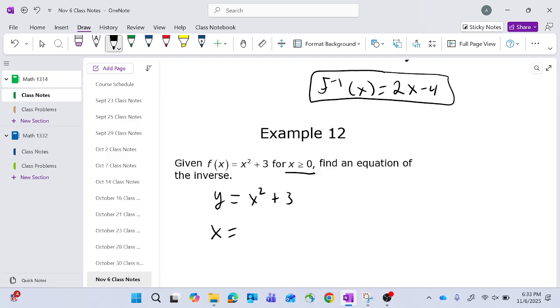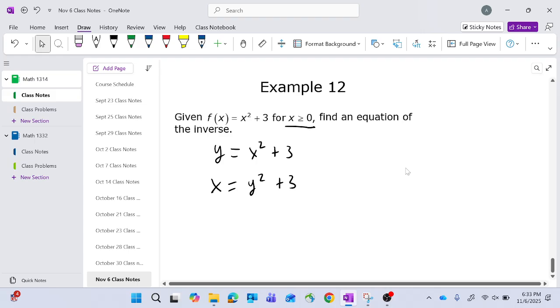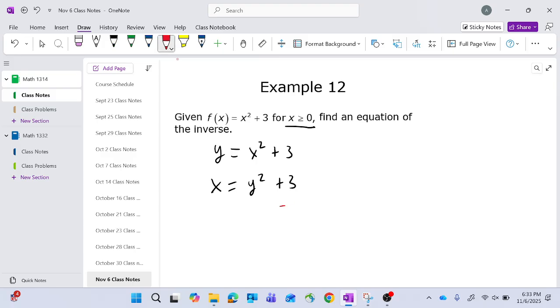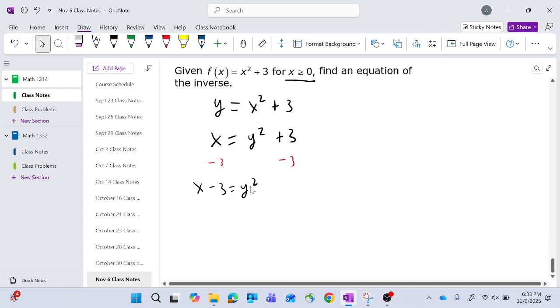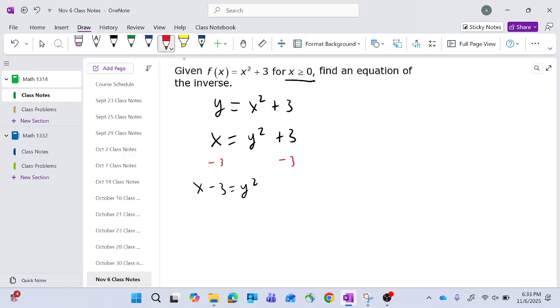So x equals y squared plus 3. And now I'm going to solve for y. So subtract the 3 over. X minus 3 equals y squared. And then square root both sides.